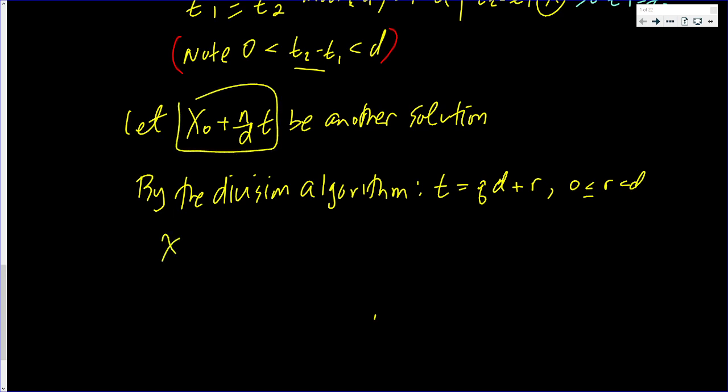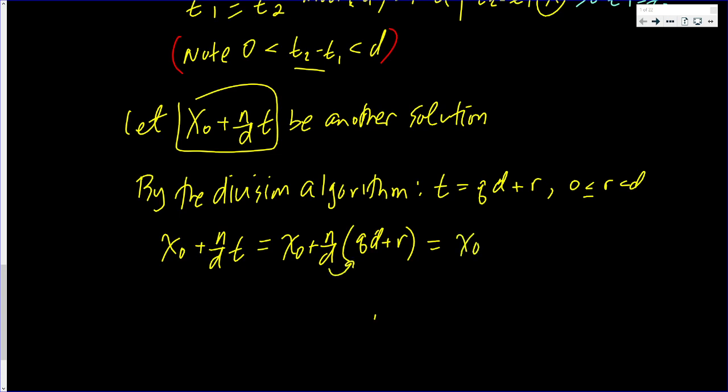So we have that x0 plus n over d times t is equal to x0 plus n over d times qd plus r, which is x0 distributing, the d's cancel out, plus n times q plus n over d times r.